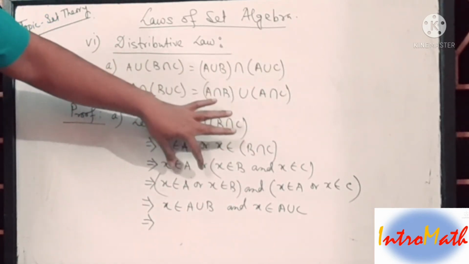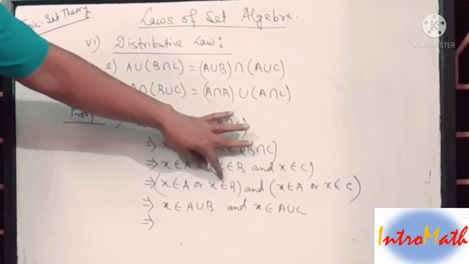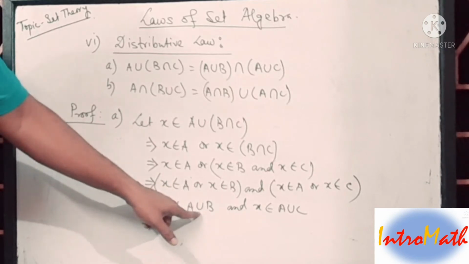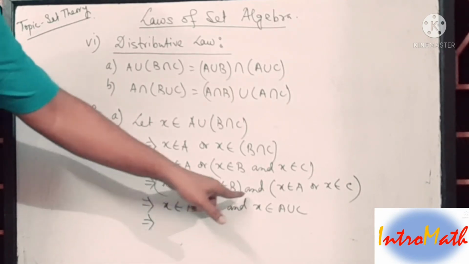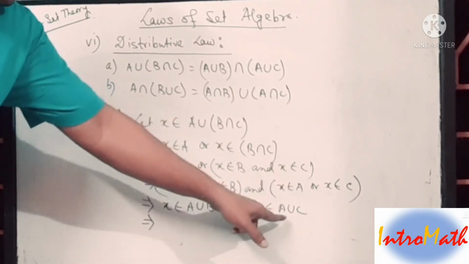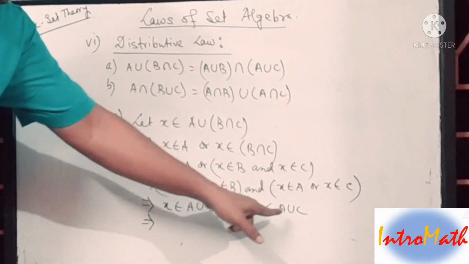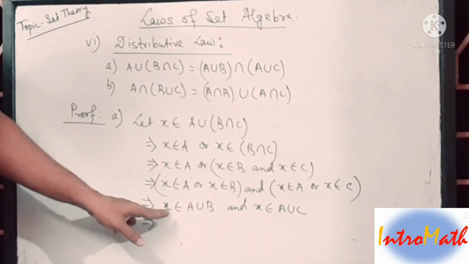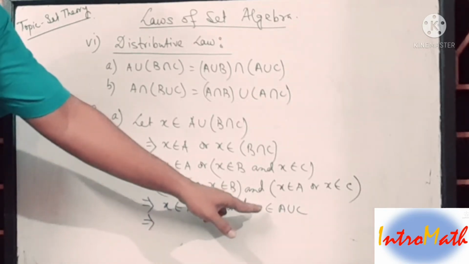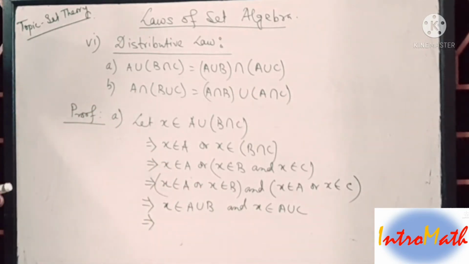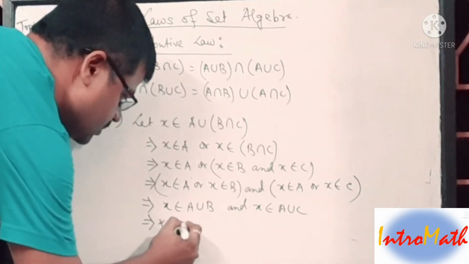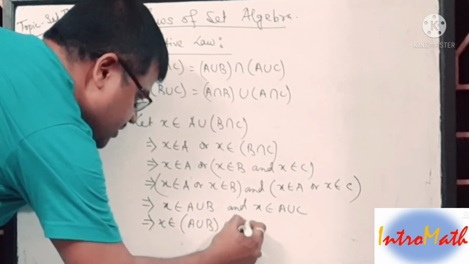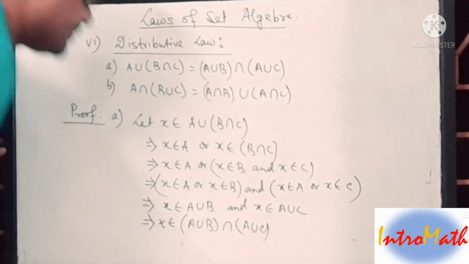Now, using the definition, X belongs to A or X belongs to B implies that X belongs to A union B. Similarly, X belongs to A or X belongs to C implies that X belongs to A union C. Here again I am using the definition. X belongs to A union B and X belongs to A union C. That means X belongs to (A union B) intersection (A union C).